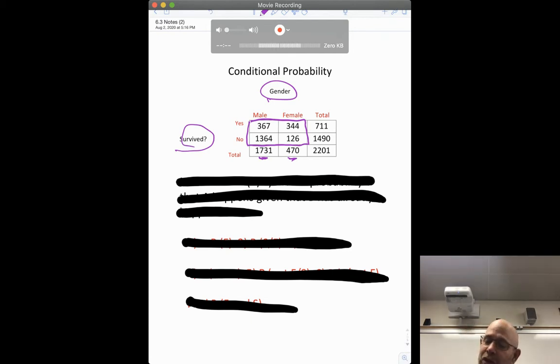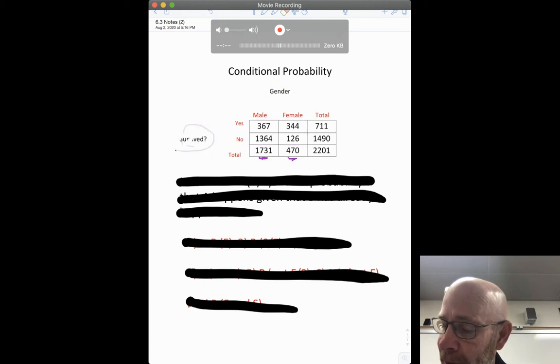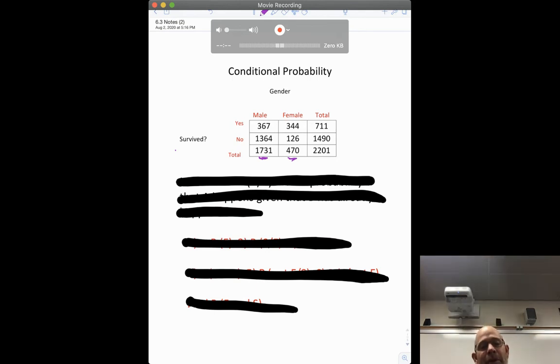So conditional probability, first of all, we could answer questions like we just did yesterday. A quick review, a good idea, I guess. If I do like yesterday, what's the probability of being male or survived?